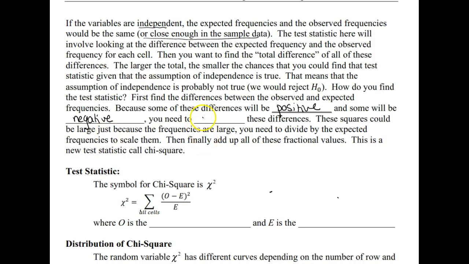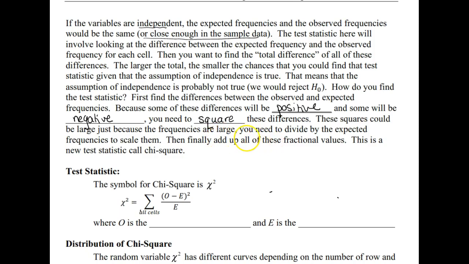And so, so that when we add those we don't just get 0, we're going to square each of those differences. But now, before we add those, these squares could be large just because the frequencies are large. So some cells we expect to see more things than others, so it doesn't make sense to just add up all those squared differences and treat them all with an equal weight.